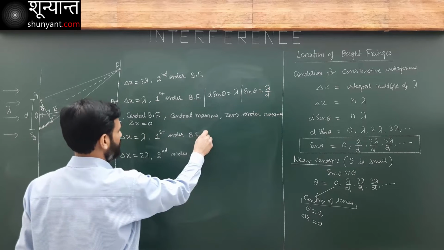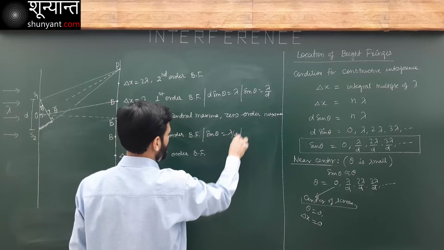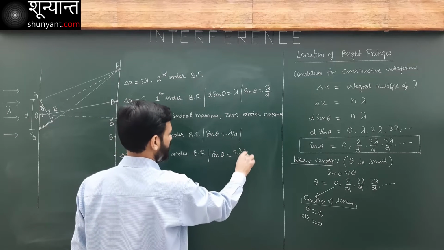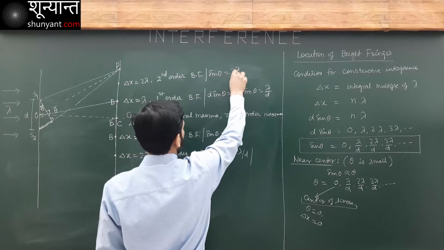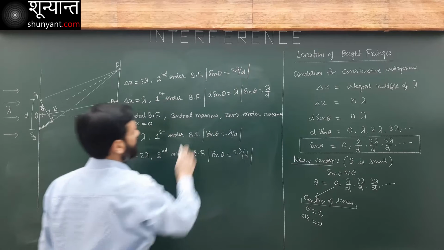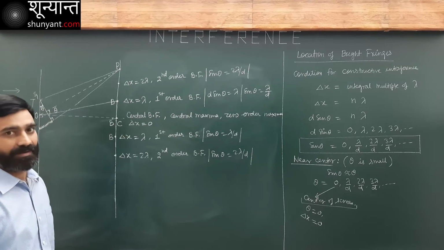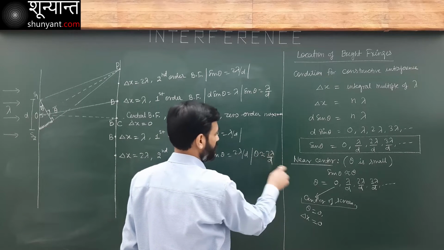What is sin theta here? Sin theta is lambda over d. Here sin theta is 2 times lambda over d. Here also sin theta is 2 times lambda over d. So what will be theta? Near the center, theta is approximately lambda over d, and here approximately 2 lambda over d.